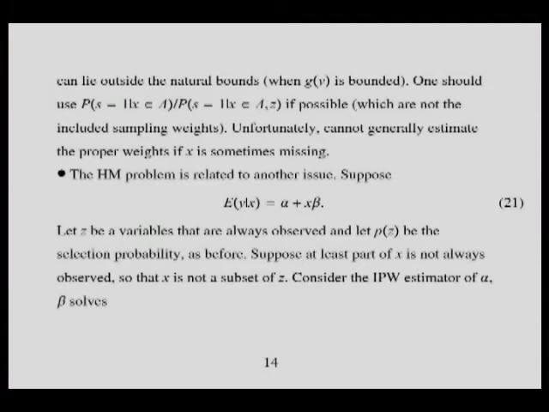Now, there's a related issue here. If the weights, say, depend again on variable z, and we want to apply regression analysis, so we'd like to estimate the parameters in this population regression, and we have missing data on either y or x or both, but we want to use these sampling weights, it's called weighted least squares estimation, but with probability weights.